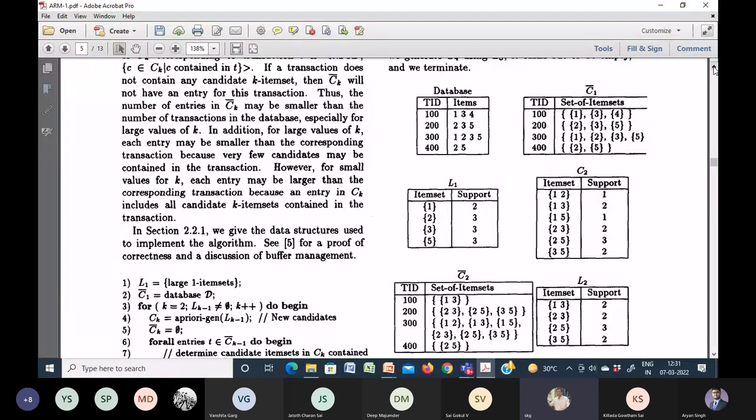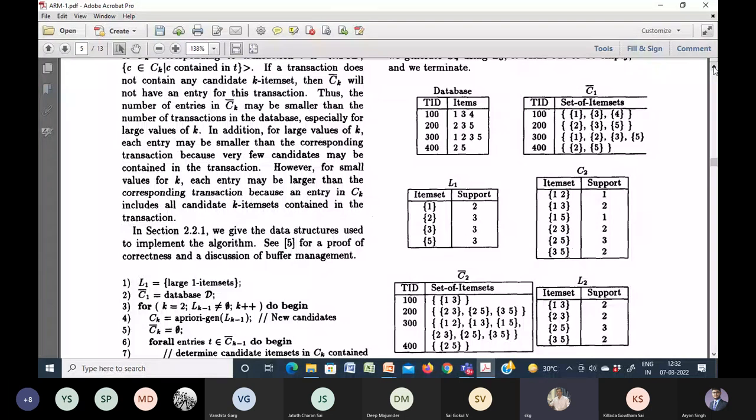If we scan this database, item 1 has a count of 2, item 2 has a count of 3, item 3 has a count of 3, and item 5 has a count of 3. Item 4 has a count of 1, so it is pruned because it fails the minimum support criteria.